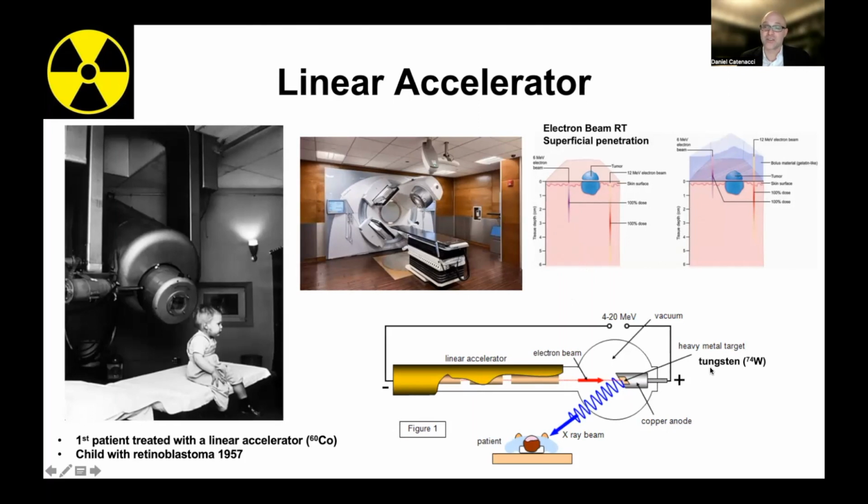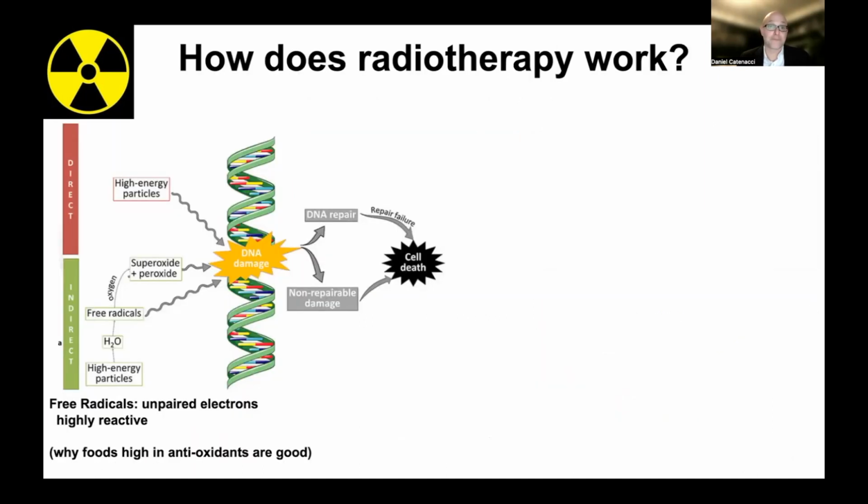As I mentioned, tungsten is a common one in these machines. And when that happens, it bumps out an electron from the tungsten atoms, and that creates instability that then leads to the release of extra energy from that tungsten in the form of an X-ray photon that then is focused at an area in the patient with the intention to treat the cancer.